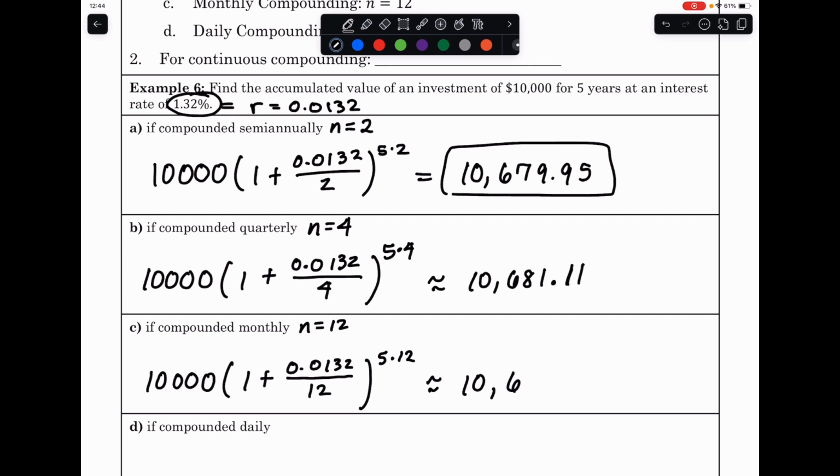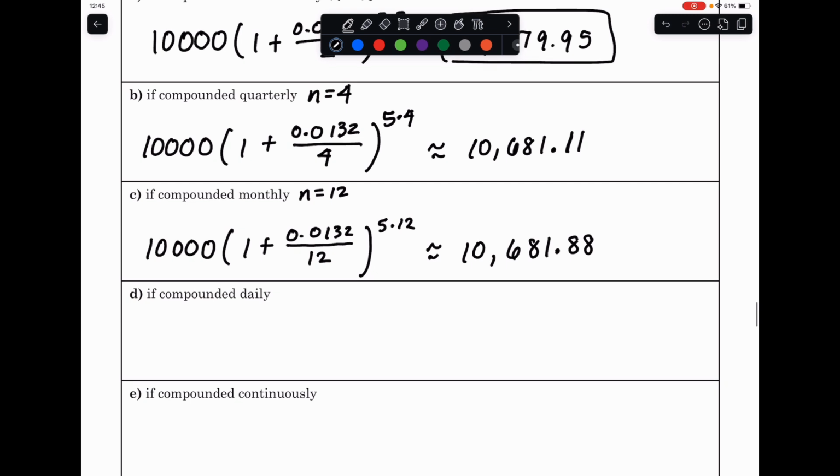I end up with $10,681.88. So 70-cent difference. And even if I compound this interest on a daily basis, 365 times, so 5 times 365, okay?